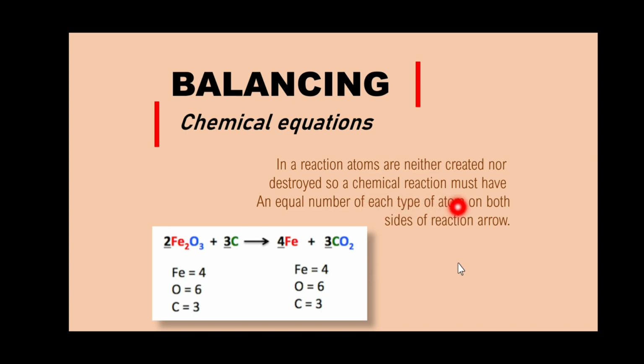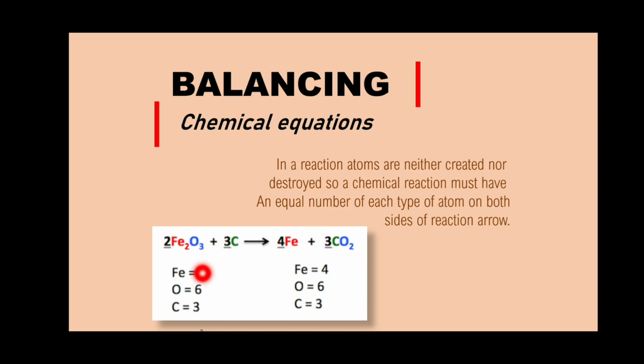A chemical reaction must have an equal number of each type of atom on both sides of the reaction arrow. It's very simple. A chemical equation possesses the same number of atoms on the reactant side and product side.